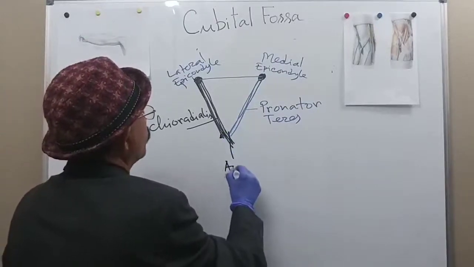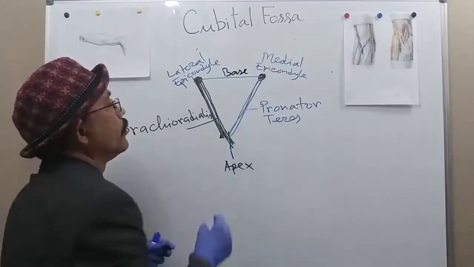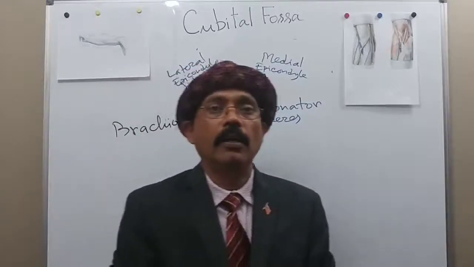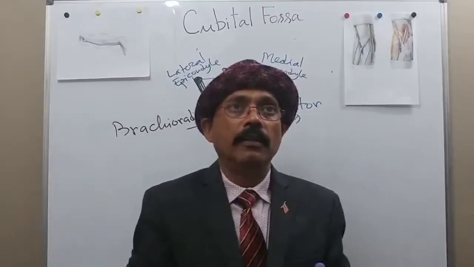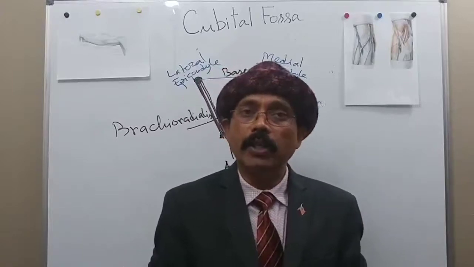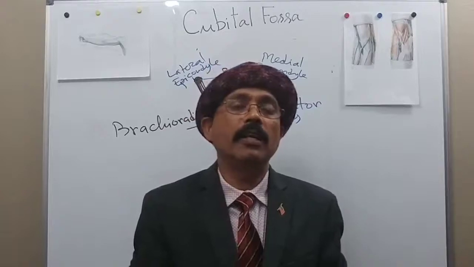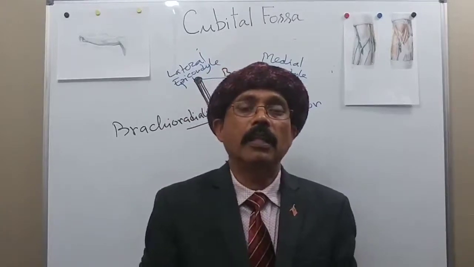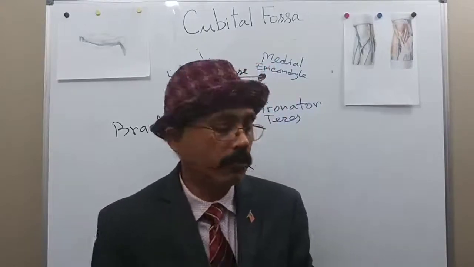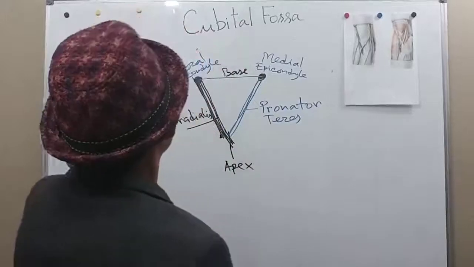This is the apex. This is the base. So we got a triangular fossa that is situated on the front of the elbow, bounded by the brachioradialis and pronator teres, and an imaginary line connecting the lateral epicondyle of the humerus to the medial epicondyle of the humerus. Okay, we got the boundary.